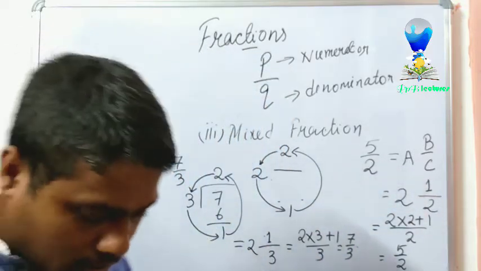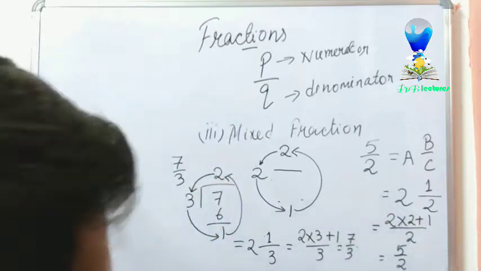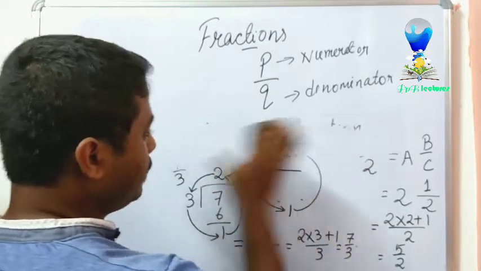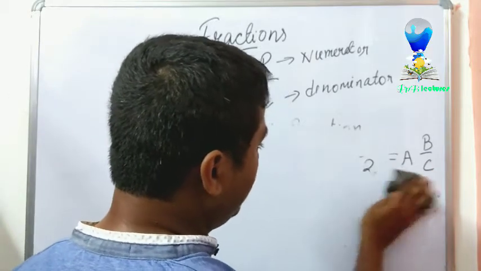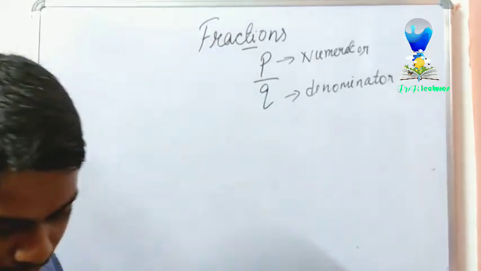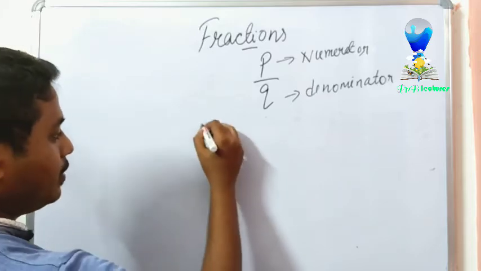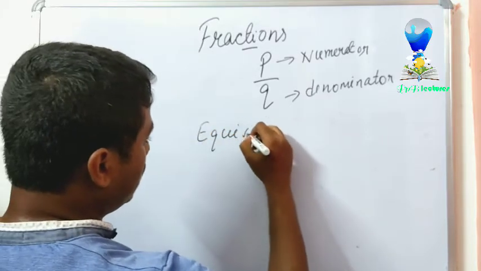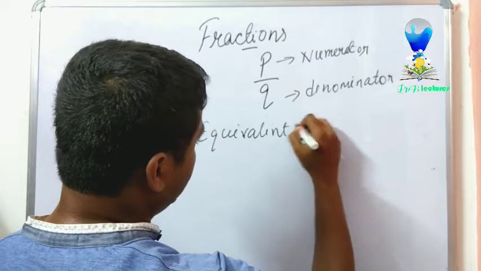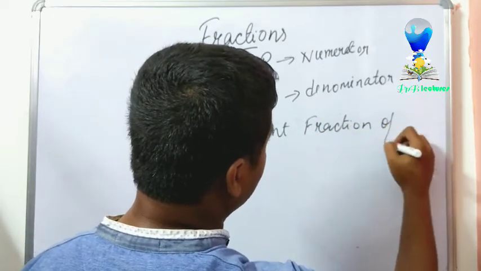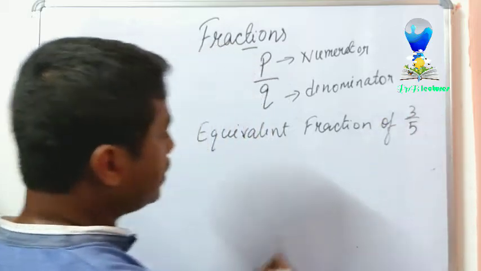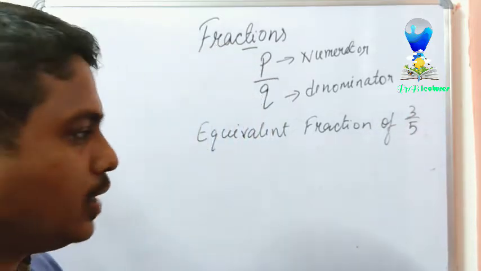Then if I discuss one example, suppose an example is given, write 5 equivalent fractions of 3 by 5. So how to write this equivalent fraction of 3 by 5?